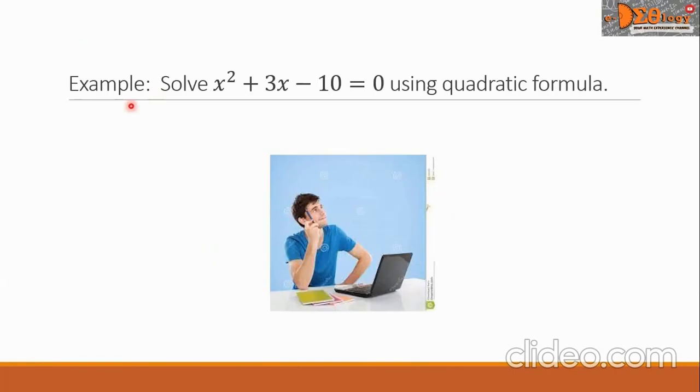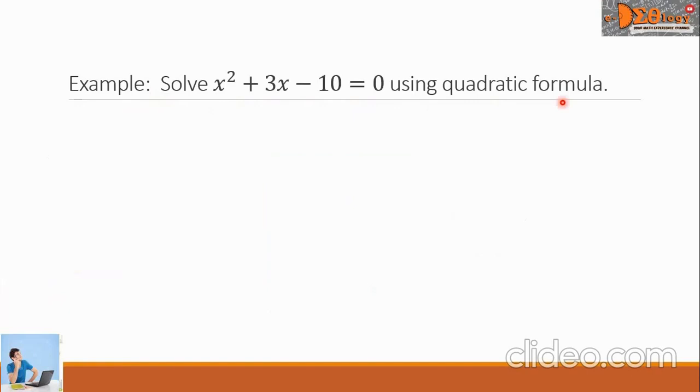Let us see this example. Solve x squared plus 3x minus 10 equals 0 using the quadratic formula. First, let us write the quadratic formula here. And then, let us collect the corresponding values for a, b, and c respectively.